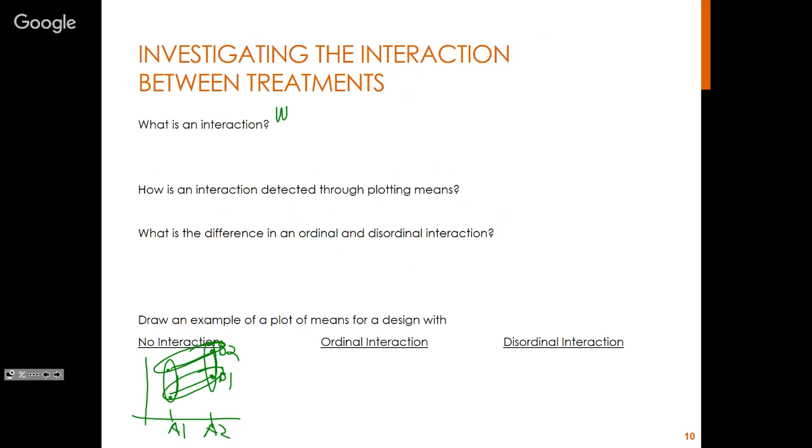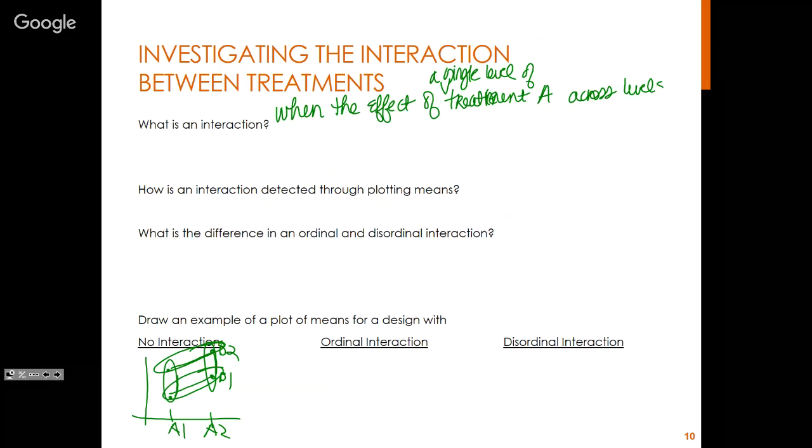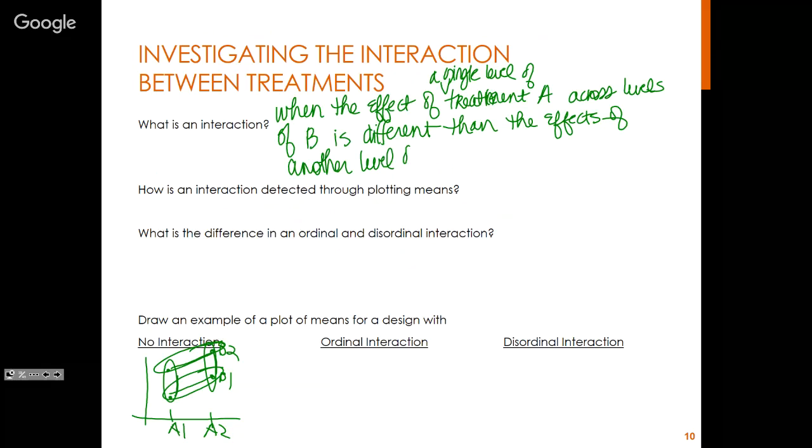An interaction is when the effect of a single level of treatment A across levels of B is different than the effects of another level of treatment A across levels of B.